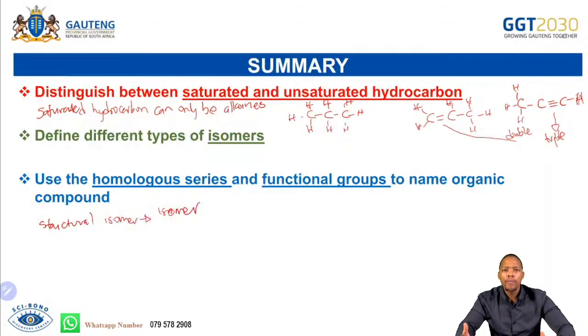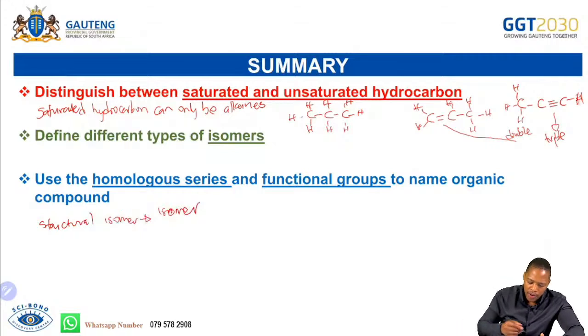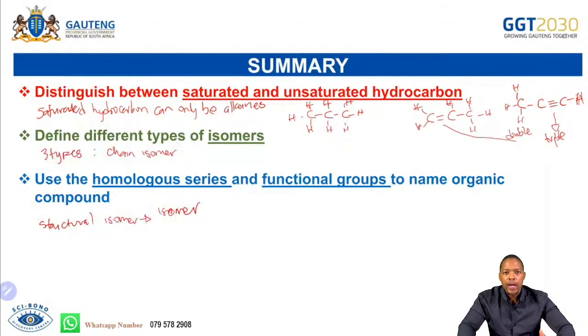So I'm emphasizing this because people must be careful as to which definition is being asked. Are they asking you to define a structural isomer, or are they asking you to define one of the 3 types of isomers? The chain isomer you will define as an organic molecule that has the same molecular formula but different chains.